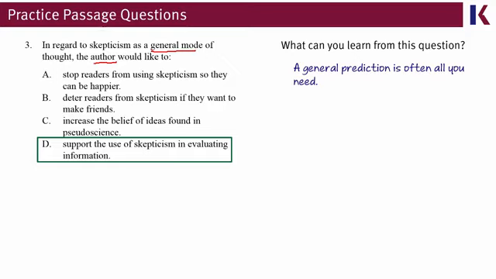Well, in that scenario, you can use wrong answer pathologies to eliminate the dispute, you can guess and move on, or you can simply re-predict with a little bit more specific prediction, basically revisit your execute step, and then answer the question from there. The point is, if you make a general prediction and it doesn't get you all the way to the right answer, you've got options, and you can keep honing your attack until you're down to one final answer.